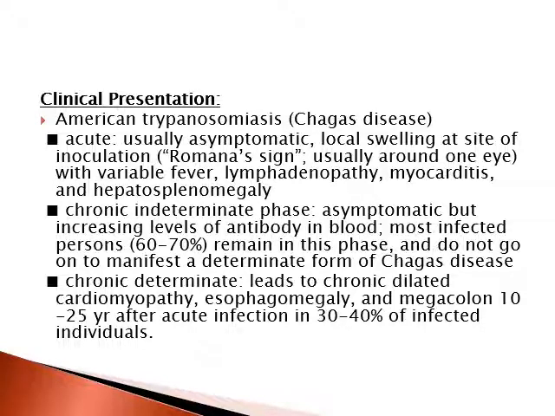The chronic determinate form leads to chronic dilated cardiomyopathy, esophagomegaly, and megacolon 10 to 25 years after acute infection. This occurs in about 30% of infected individuals.